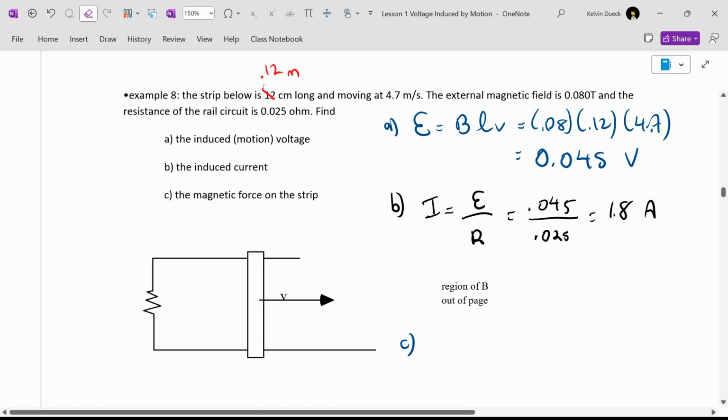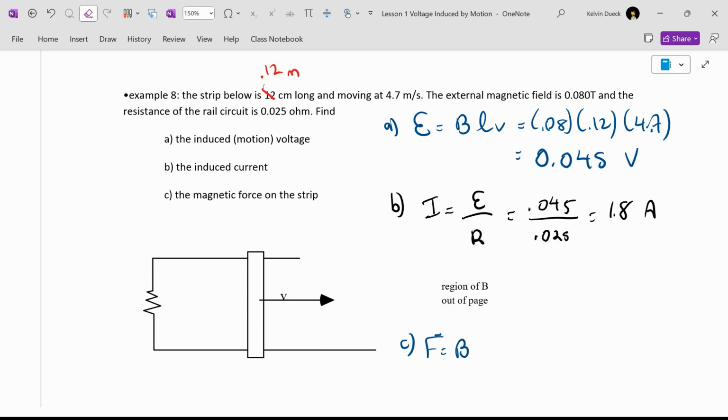Joe, what does C want me to find? Keep reading. On the strip, on the wire, magnetic force on a wire, F equals, what's our equation for magnetic force on a wire? BLV? This is voltage, not force. It's not F equals BLV.